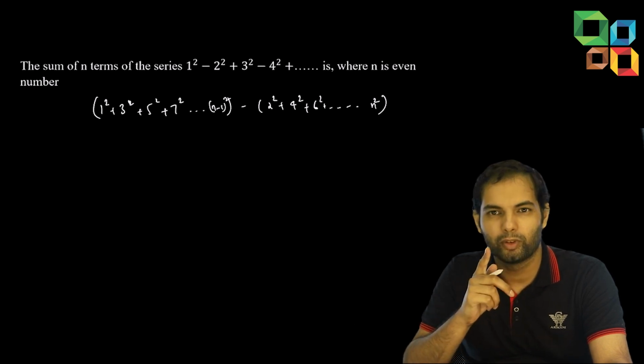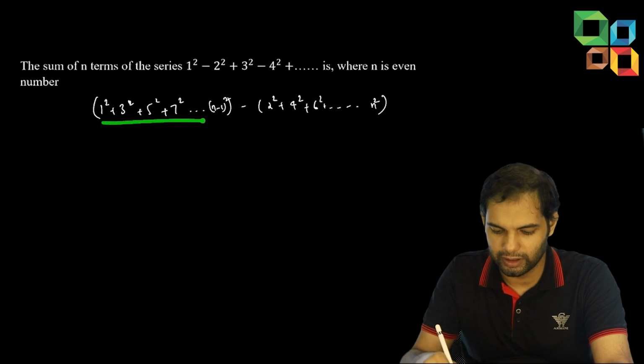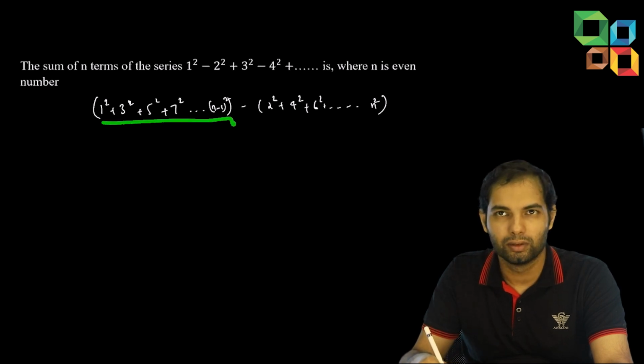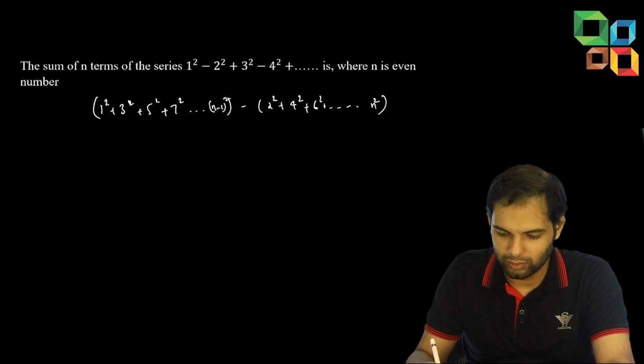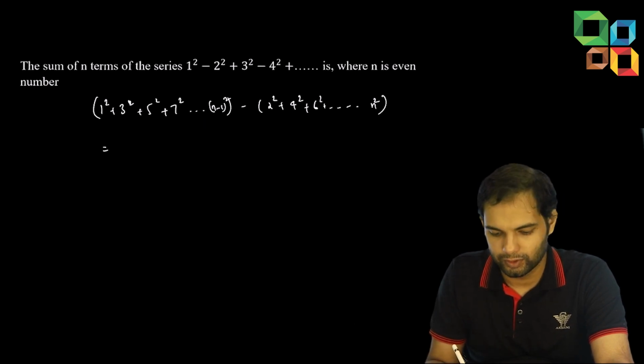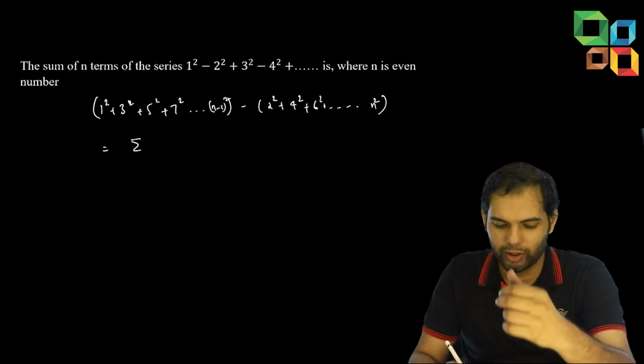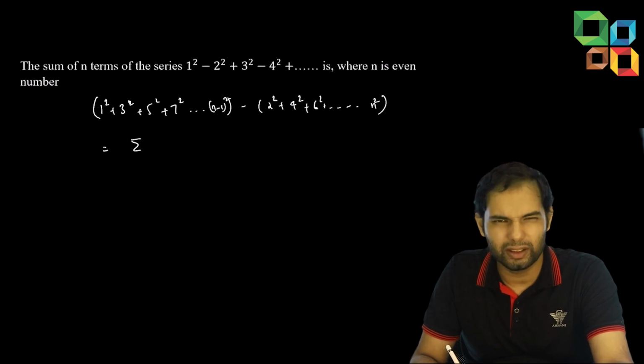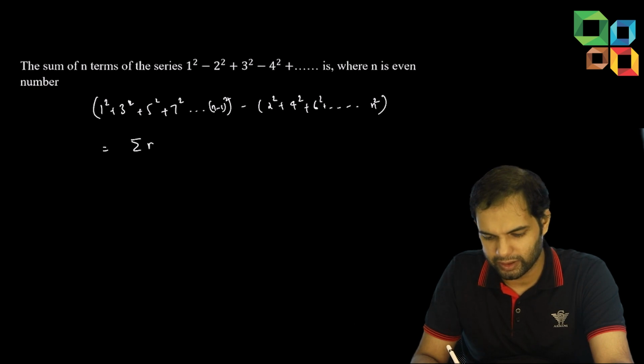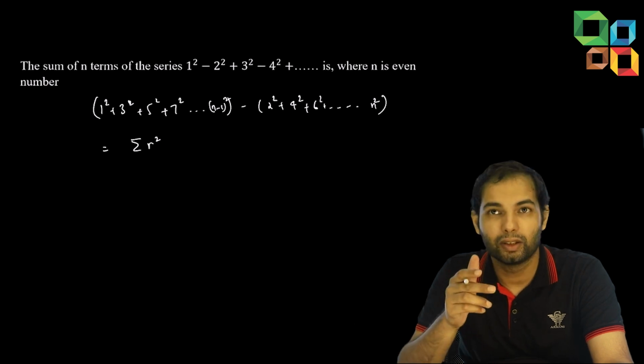No, I'm not able to follow. Are you telling the summation of these numbers? Yes, the first group, the first sum. What is it? Summation of r till n minus 1, r is equal to 0. First of all, isn't it r square? The lower limit, sorry.